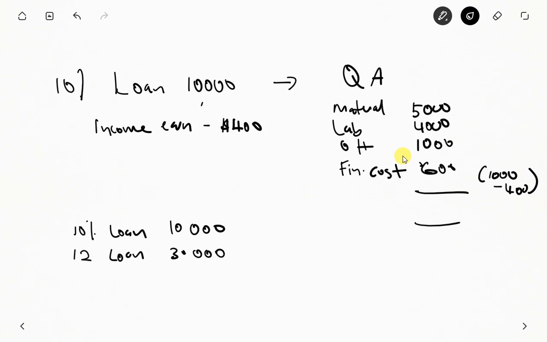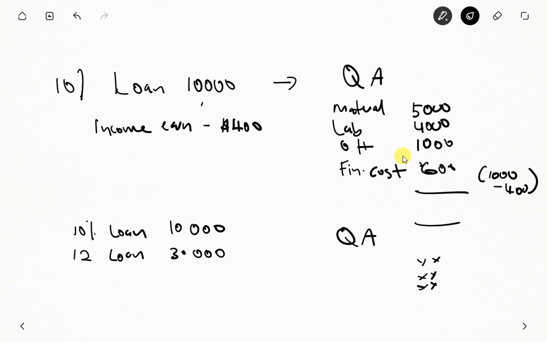So I have two loans, and then I want to construct an asset which is a qualifying asset, requiring a substantial period of time to complete. So I incur costs, and incur more. Can I capitalize the interest? Yes, as long as the fund is borrowed to finance the construction of a qualifying asset, the interest can be capitalized.